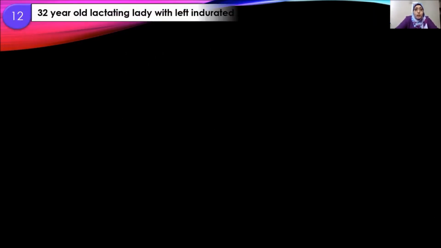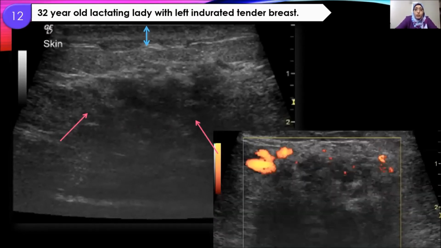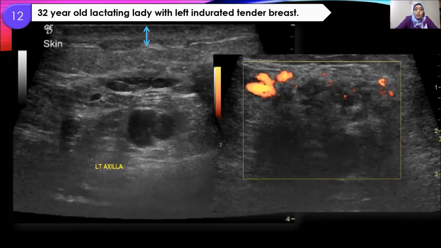This is another lesion, a lactating lady, 32 years old, also coming with an indurated tender breast. By ultrasound, we found skin thickening with an underlying hypoechoic area, which was highly vascular on color Doppler, with a pathological axillary lymph node, actually very similar findings.